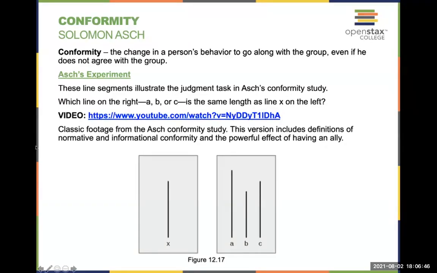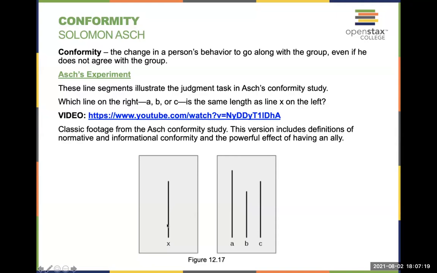And so basically, the person that is the subject of the experiment, after hearing everyone else's answers, is asked to decide which line, A, B, or C, closely resembles line X. And usually what happens is that the Confederates will have all said either A or B, right?